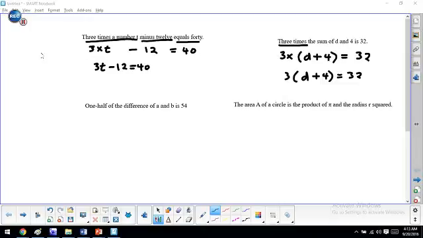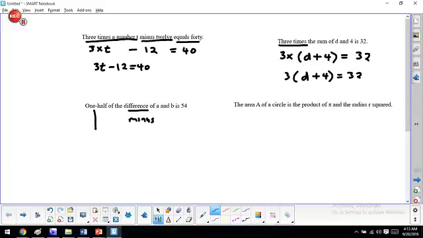We got 2 more to go. Let's see if you continue that streak of getting it right. We have 1/2 of the difference of a and b. Now this time we're taking half of a difference. Remember, difference means subtraction, this means minus.